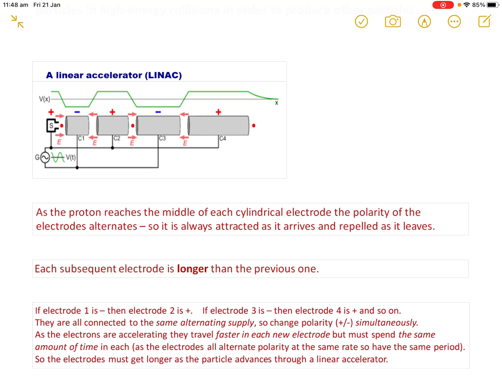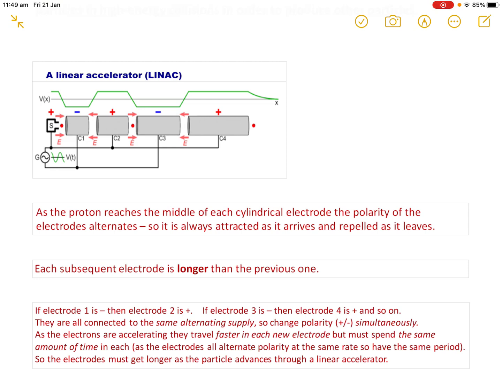So when it reaches the middle, what we need to do is change the polarity of cylinder 1 to become positive so that we repel or push the proton out to keep up the acceleration that it's achieving. So when it leaves cylinder 1 by this point, it has become a positive electrode. We then need, there's a little gap, as you can see, and this is all done in a vacuum.